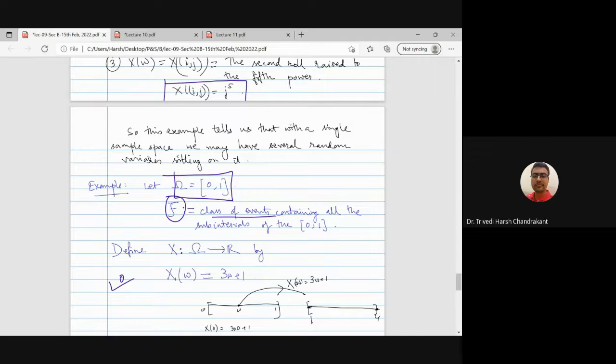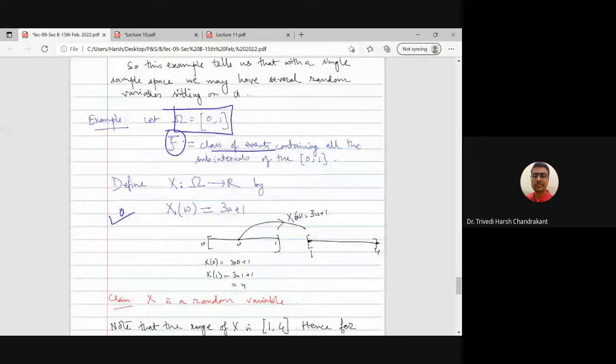We define X from omega to R as a function from the closed interval [0, 1] to R. There are many ways to define this function, and we will see some examples in this class also. Here it is defined this way. This is a continuous function, in fact a linear function.